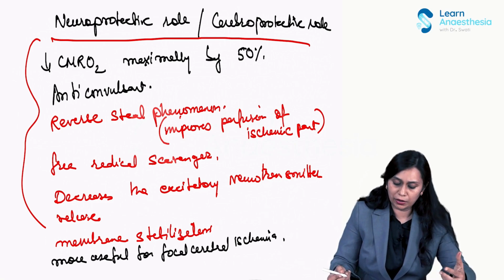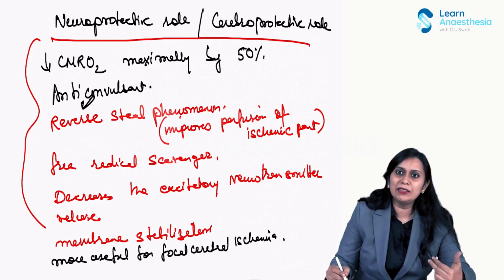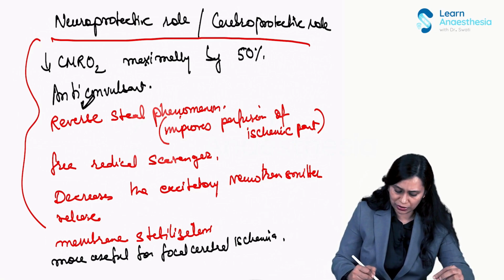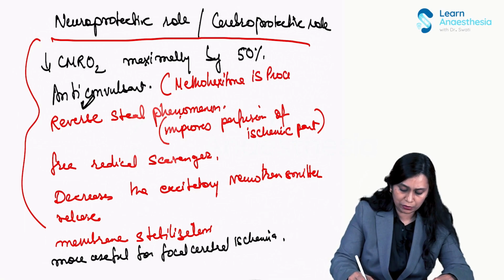Right? Okay. Now, this is an anticonvulsant, but one thing is different in methohexitone. Methohexitone is proconvulsant.